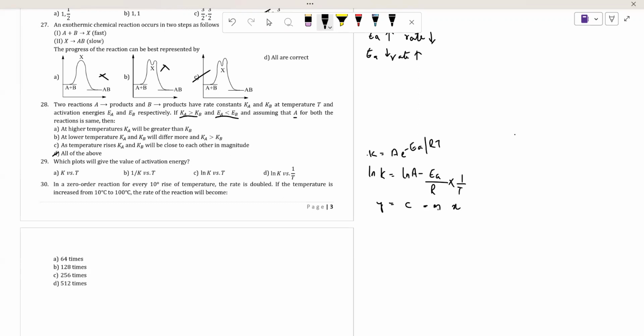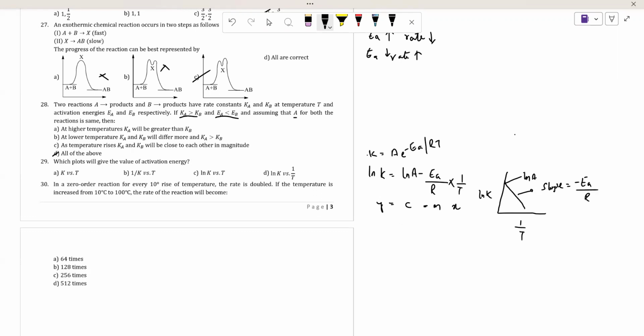Since the slope is negative, when you plot between ln k and 1 by T, you get a graph something like this, where the point of intercept is ln A. And what is the slope? The slope will be equal to minus Ea by R.